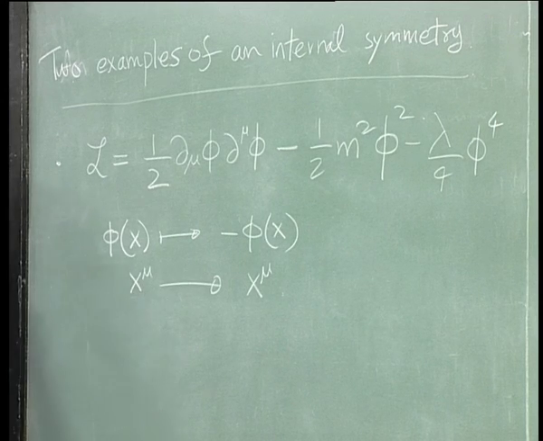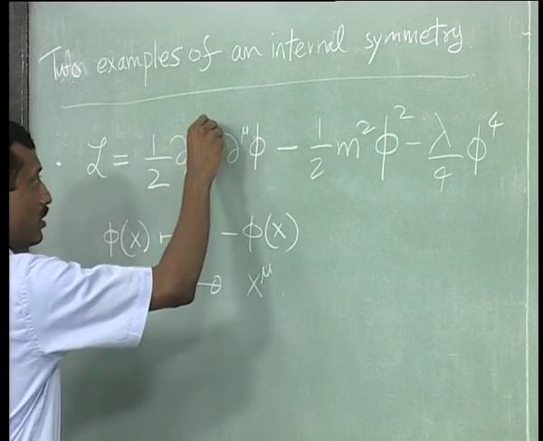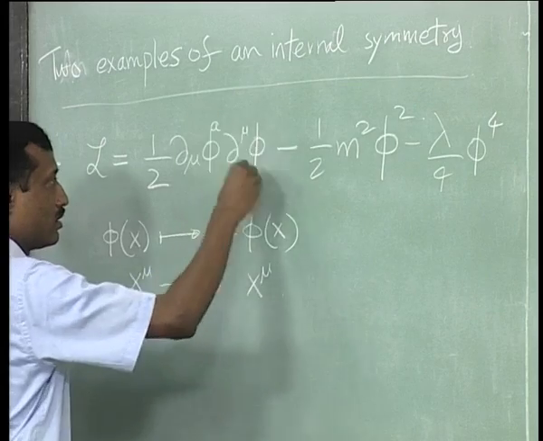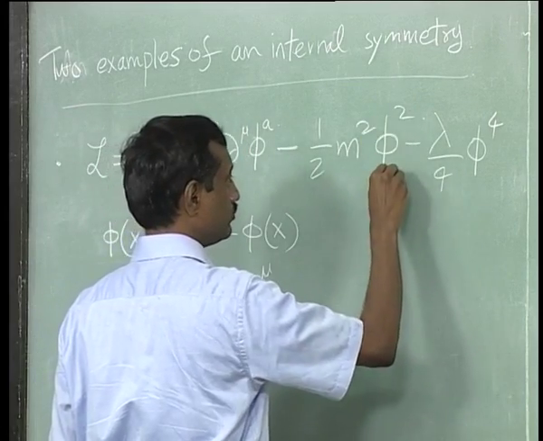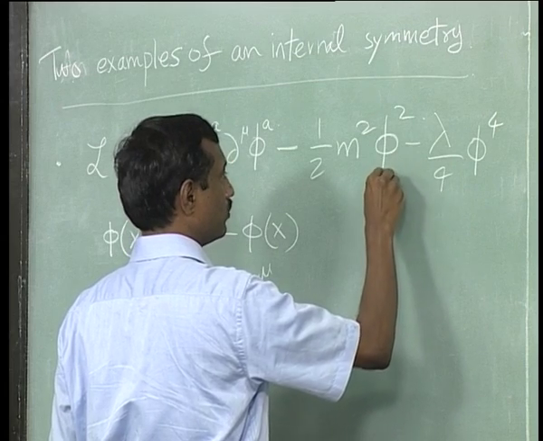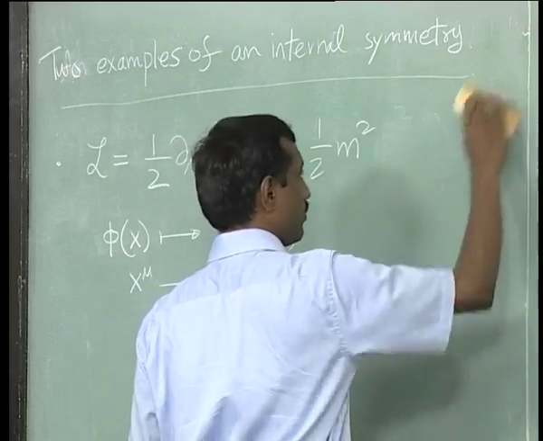Okay. So, let us do something, make it more interesting. Let us just modify this Lagrangian, where I add, okay. So, let us write this way. Let me modify this a bit.